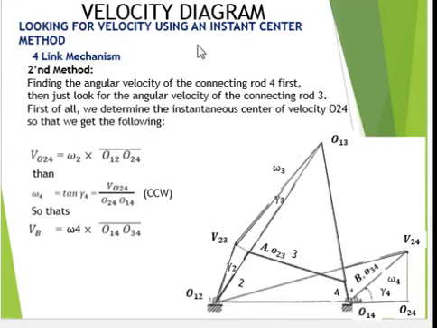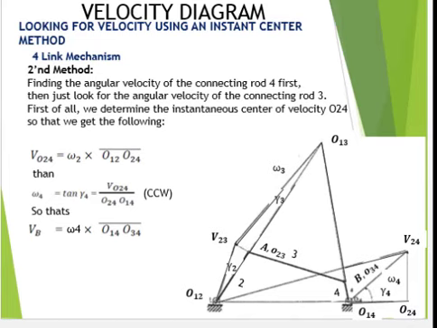Now the second method for looking for omega 4, or the angular velocity of link 4, is to first look for the angular velocity of connecting link 3. First of all, we determine the instant center of velocity O24.